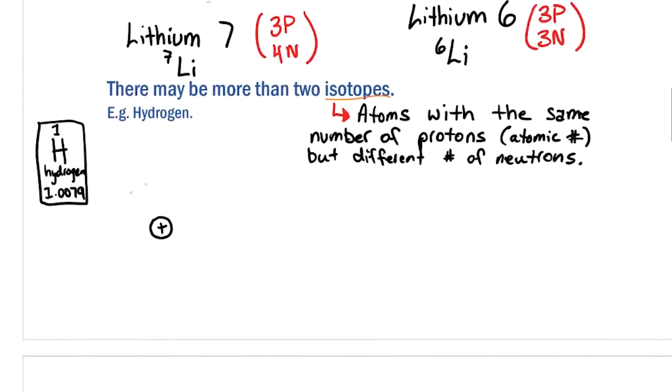None. And then how many electrons would a stable isotope of hydrogen have? Well, there we go. It would have 1 because in a neutral atom, there's always the same number of protons and electrons. And we would call this hydrogen 1. It could be written this way, though this is actually given a name as well. This is called Protium.